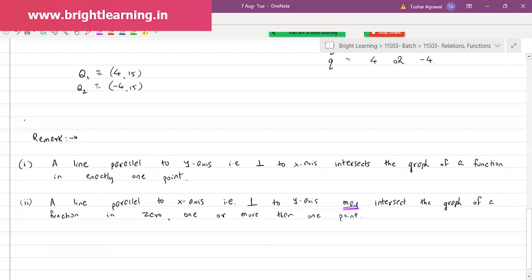Write these remarks and I will illustrate this with examples.